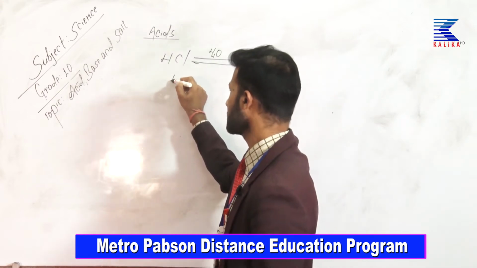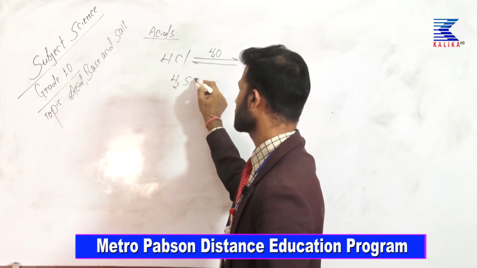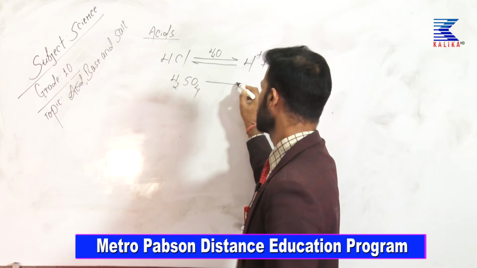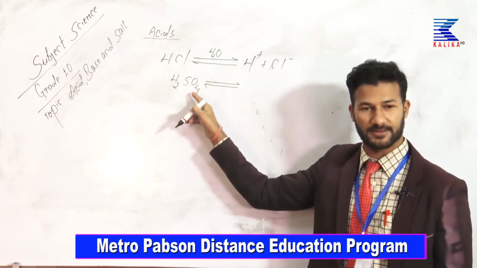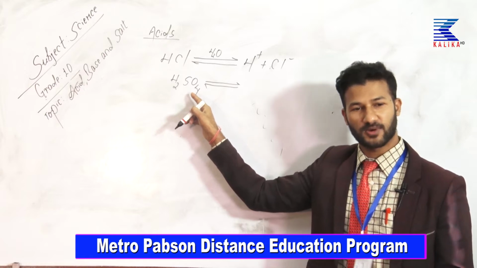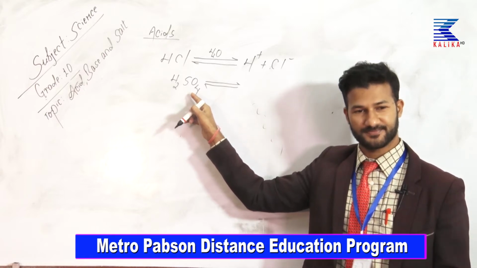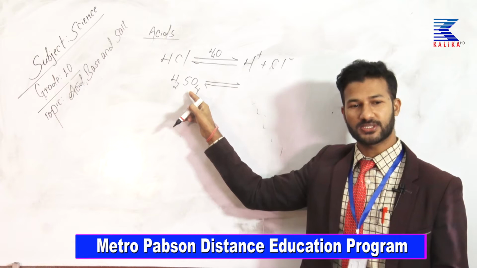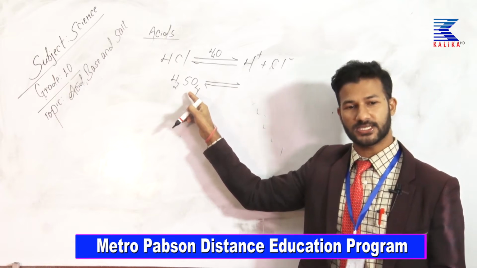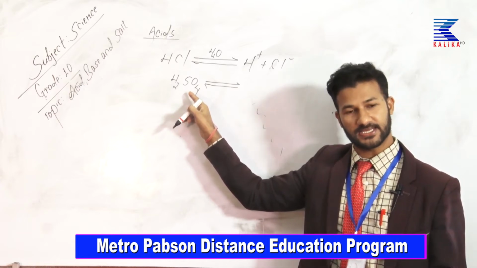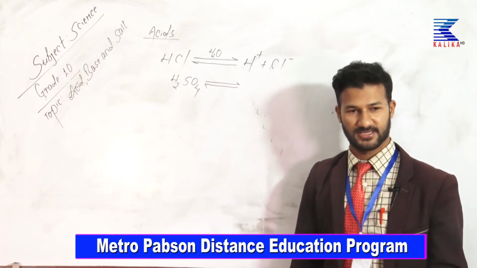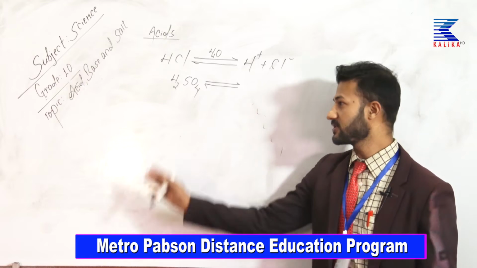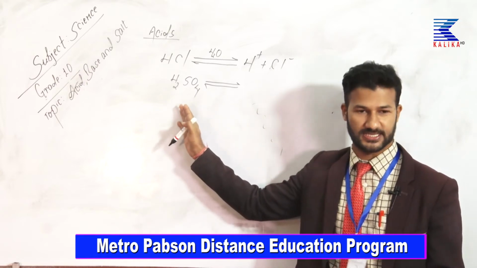See another example, H2SO4. You must know this is the king of chemicals, let's say. It is one of the strongest acids. It is used in various industries for many applications, means it has a wide range of application in the real world, and it causes many things to dissolve in it.